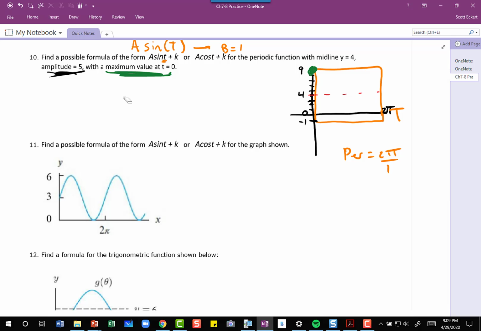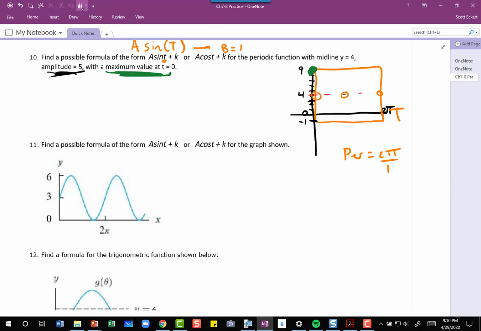Well, cosine is the only one that starts on the maximum point. Sine always starts in the midline. So if I had a sine, I'd be starting here on midline, hitting the midline at the middle and ending at the midline. But this graph isn't doing that. It's starting at the top.